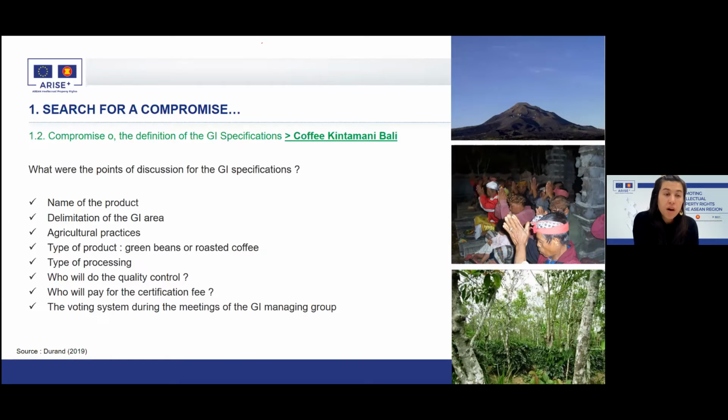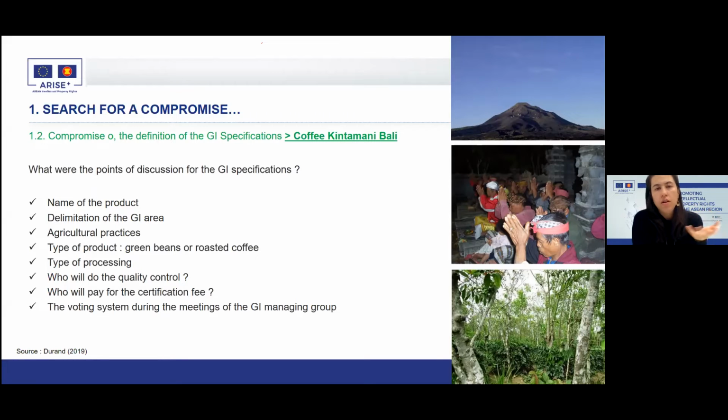So they discussed about the name of the product that should be registered, the delimitation of the GI area, the agricultural practices that should be put in the book of specifications. So what are the essential aspects to regulate, and what are the aspects that maybe can be left free to the farmers? The type of product, that was very important.